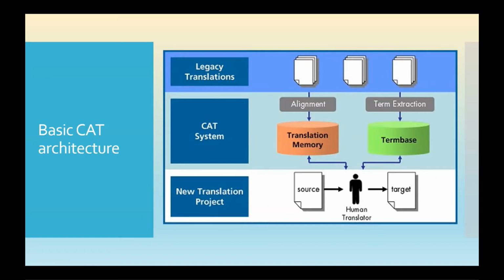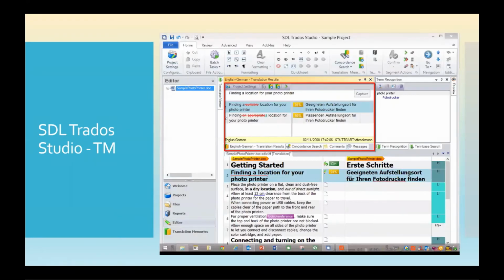The term base gives you terminological consistency. So this is what a CAT tool looks like in action, and this is one that we teach in our master's programs. It is currently the world leading CAT tool, and it's called SDL Trados Studio.